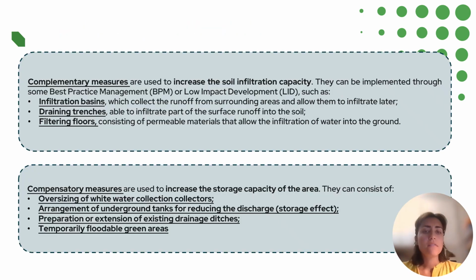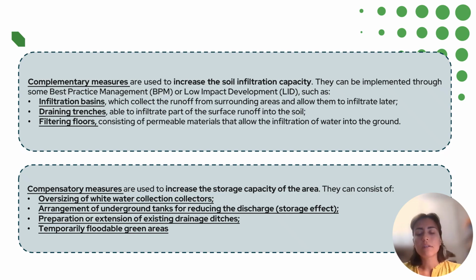Let's now look at the differences between complementary and compensatory measures. Complementary measures are mainly designed to increase the soil's infiltration capacity. These include infiltration basins, which collect runoff and allow it to infiltrate later, draining trenches that enable part of the surface runoff to enter the soil, and filtering floors made of permeable materials.